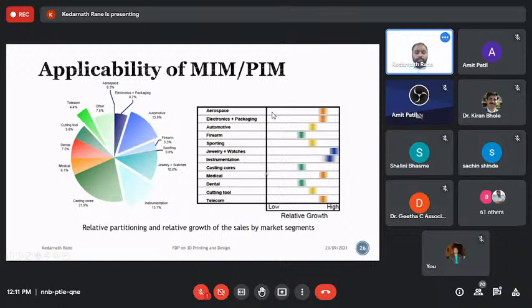But again, as the process is very much mature, a very high level of data is available, that's why we can distinguish the applicability of these processes. But when it comes to AM, additive manufacturing, it is not so mature a process that we can distinguish which area is favorable for each process. It is yet to come.